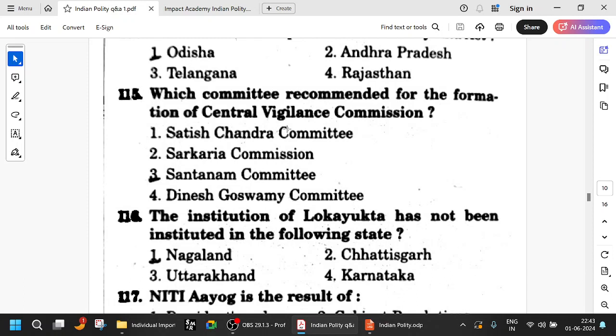Narasimham Committee is banking reforms, and you have the Sarkaria Commission, Rajamannar Commission, and Punchhi Commission, all regarding Centre-state relations, and the Santhanam Committee is regarding the Central Vigilance Commission. Okay, the institution of Lokayukta has not been instituted in the following state.